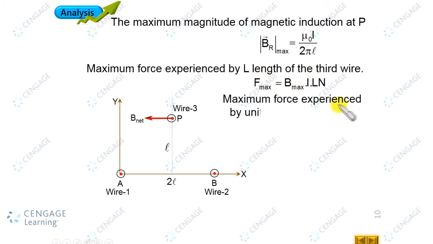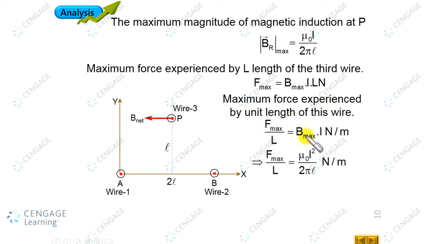That is, the maximum force experienced by unit length is equal to F by L equal to B max multiplied by I. The B max value we have substituted. So force per unit length of the wire is equal to mu naught I square divided by 2 pi L Newton per meter.